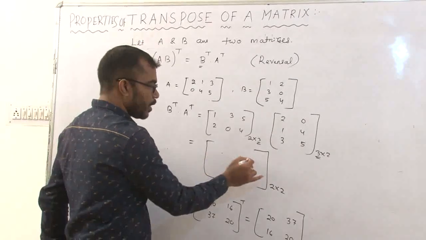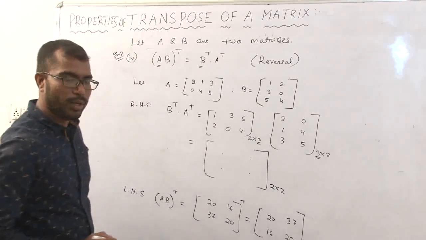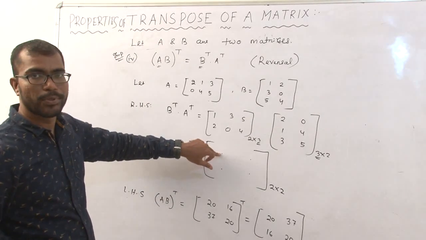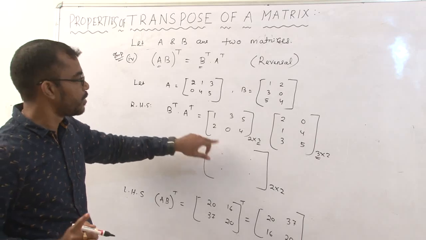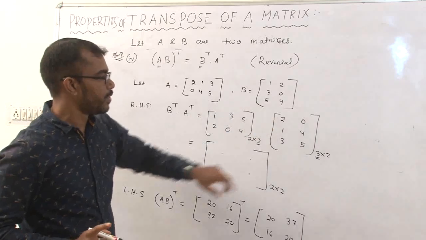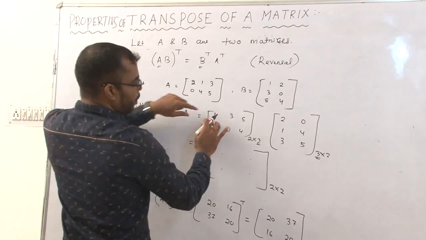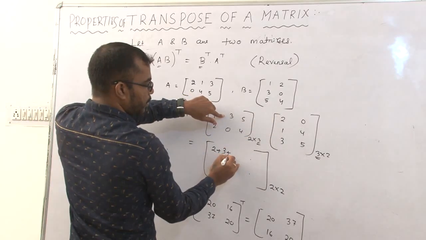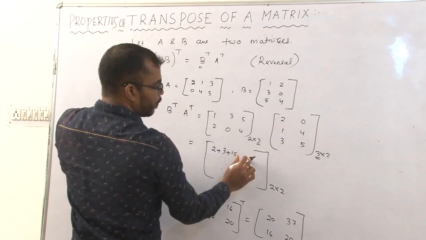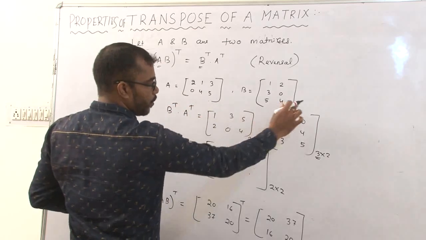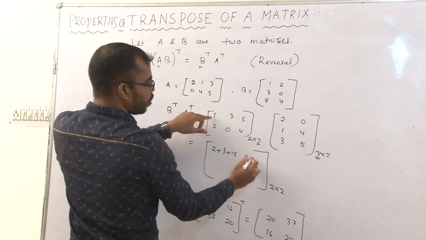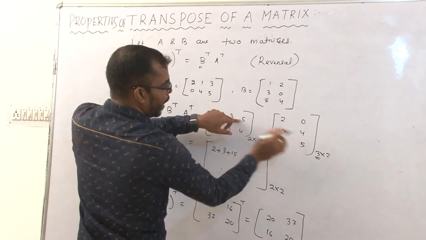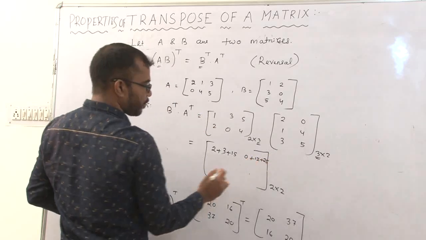First, the position of A11 means multiplying first row and first column: 1 into 2 is 2, plus 3 into 1 is 3, plus 15. Similarly, the position of A12 means first row and second column: 0 plus 12 plus 5 into 5, that is 25.